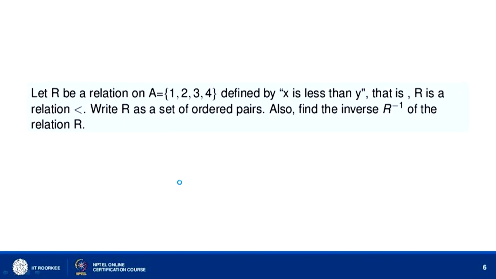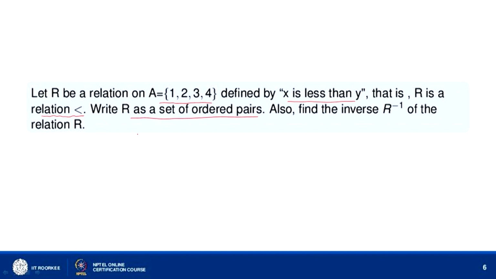Now, let us consider this example. Let R be a relation on A, where A is {1, 2, 3, 4}. R be a relation on A means R is a subset of A cross A, and it is defined by x less than y. That is, R is the relation less than. So, write R as a set of ordered pairs.